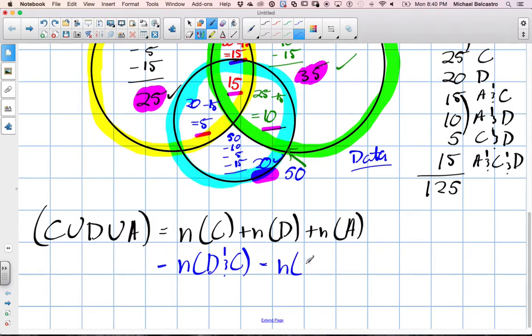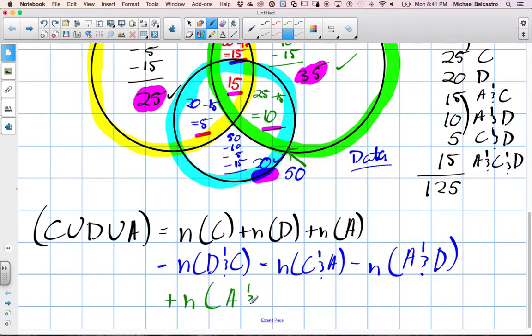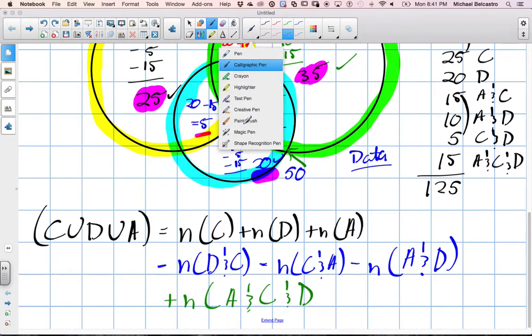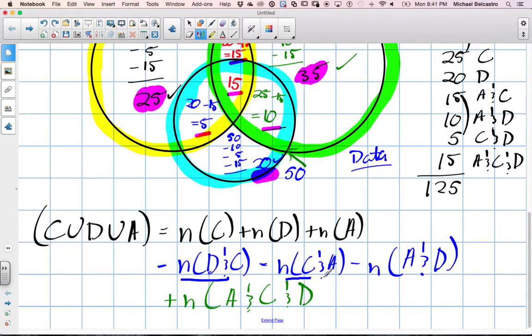Subtract the number of students in calculus and advanced functions. Subtract the number of students in advanced functions and data. And then finally, we add the number of students in all three: advanced functions, calculus, and data.